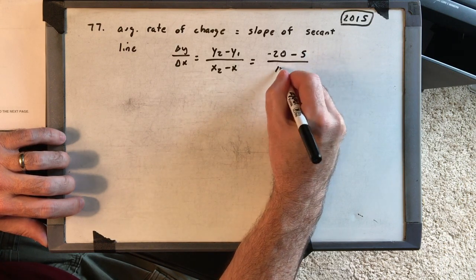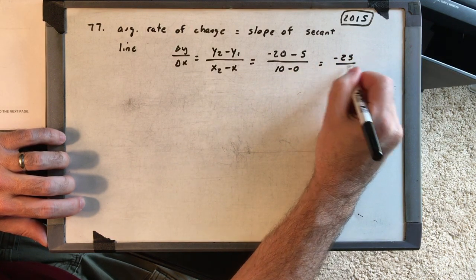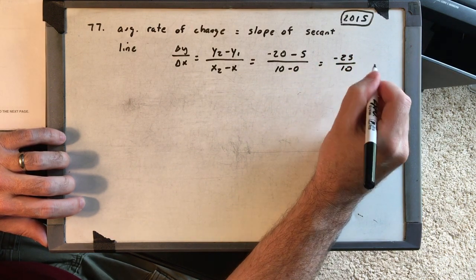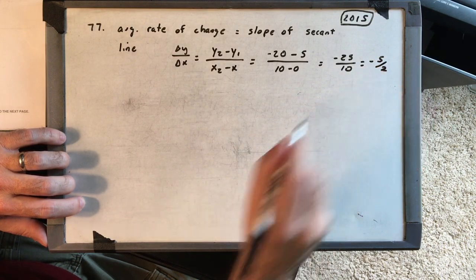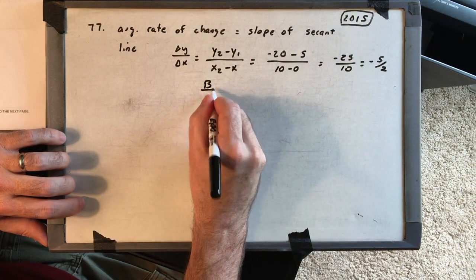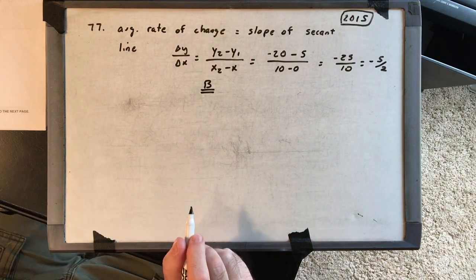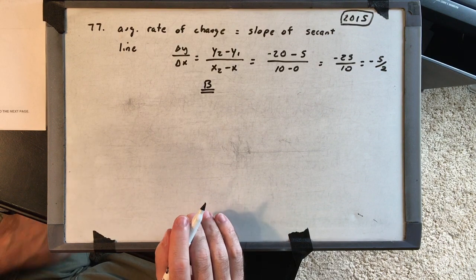And then the bottom is 10 minus 0. So negative 25 over 10 is going to reduce to negative 5/2. And that is option B. All right, the key is the language: not instantaneous rate of change, but average rate of change.